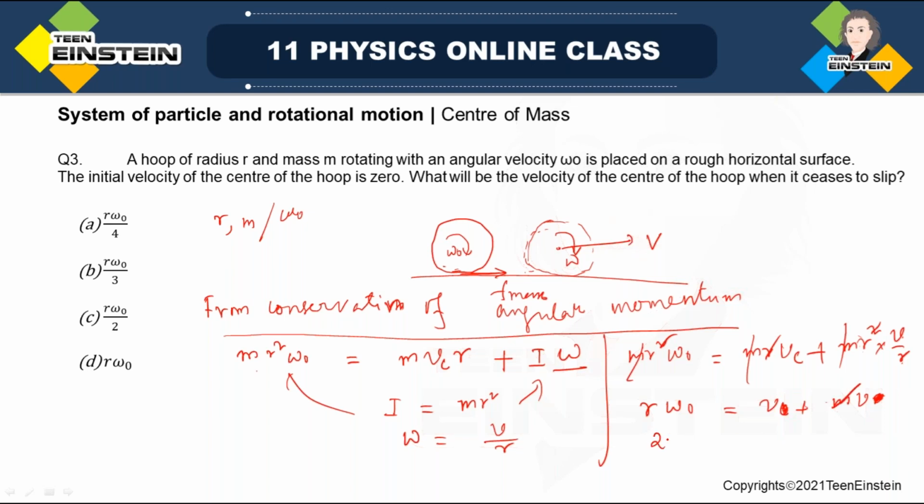So we get actually 2v is equal to omega naught R, so v is R omega naught by 2. This will be the correct answer. So we have used the conservation law of angular momentum, and from there we have solved this problem.